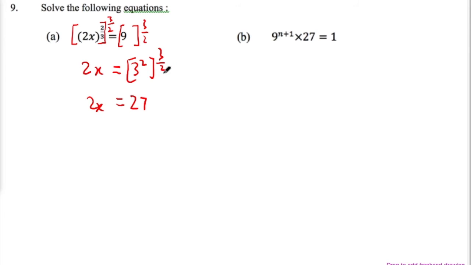Whenever we take the root, especially for even root, we must make sure that we take care that there are two answers, plus and minus. Therefore, the answer dividing by 2 will be plus and minus 13.5.